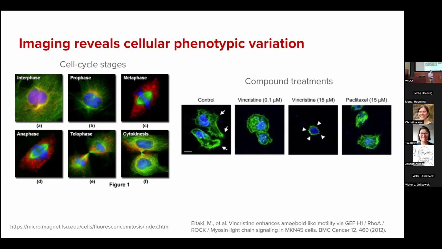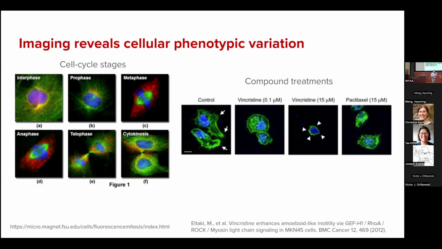On the screen, we can see example images of the cell cycle stages. That is a very typical phenotype that biologists like to look at because that tells a lot about how cells are reproducing and how we can see that under the microscope.